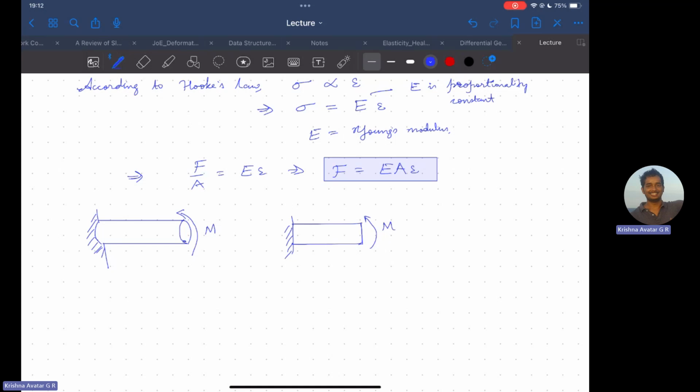So because of the application of this moment, it deforms into something along these lines. Which means that it induces some sort of a curvature, kappa, which means it's changing the angle theta with respect to the horizontal axis.